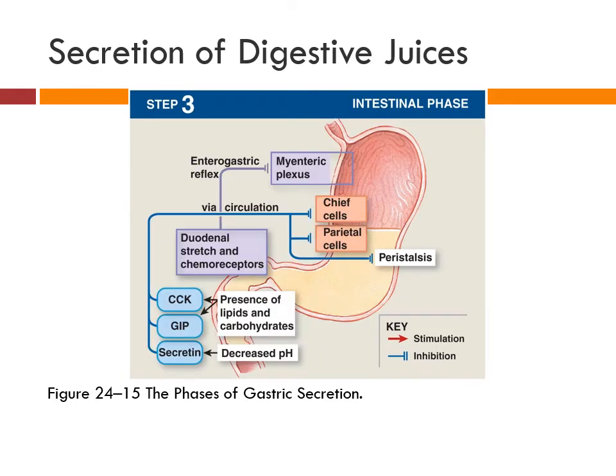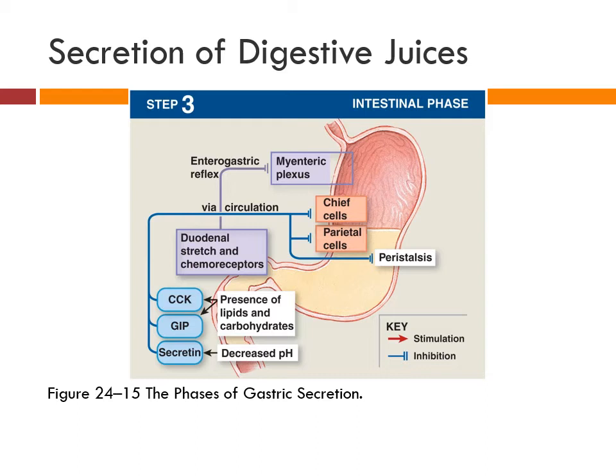And then our intestinal phase takes place when the chyme leaves the stomach and enters the duodenum. The enterogastric reflex inhibits contractions and allows for chemical digestion, and that is giving additional time for the breakdown of food.